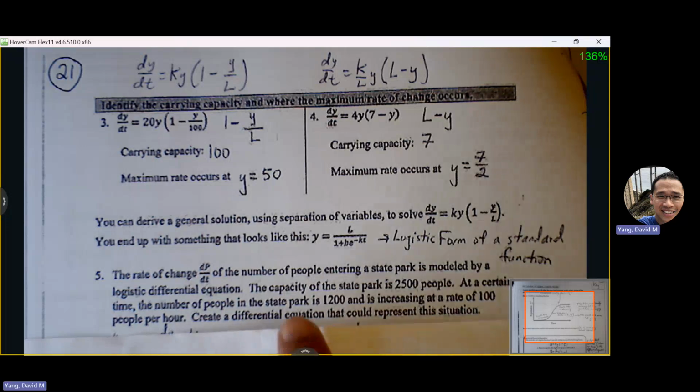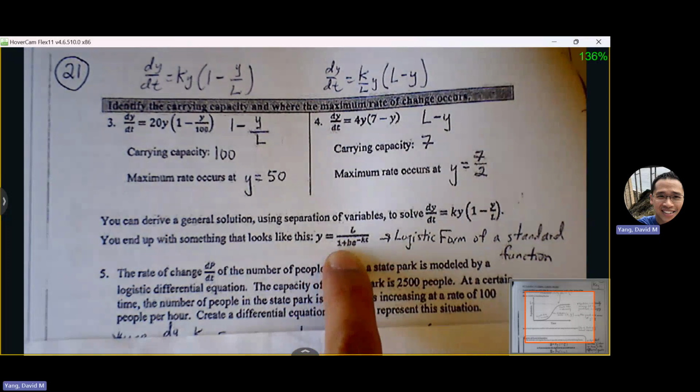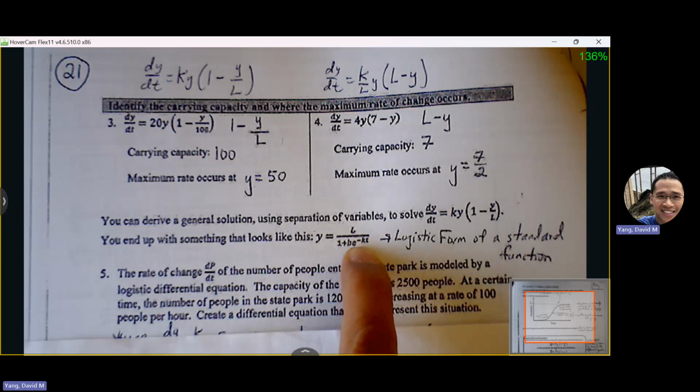Now, if we wanted to solve this differential equation, we would separate the variables, y on the left, everything else on the right. If we took the antiderivative, it'll end up looking like this. y is equal to L over 1 plus Be to the negative kt. This is the logistic form of a standard function.